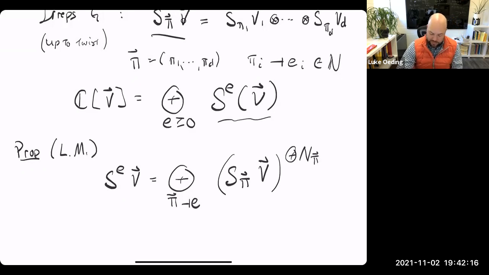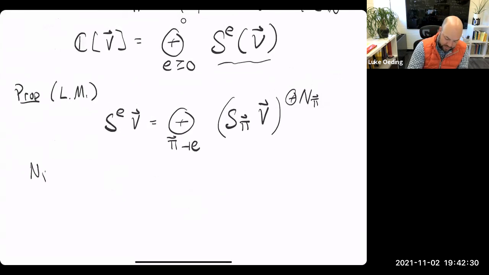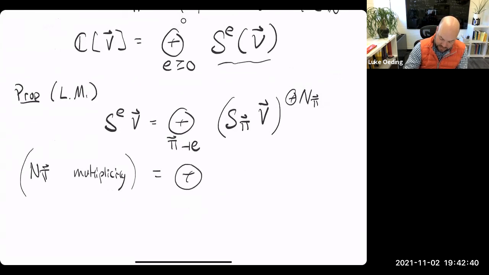So far I haven't really said much, because everything is hidden in this multiplicity n sub pi. But these multiplicities can be computed by characters.